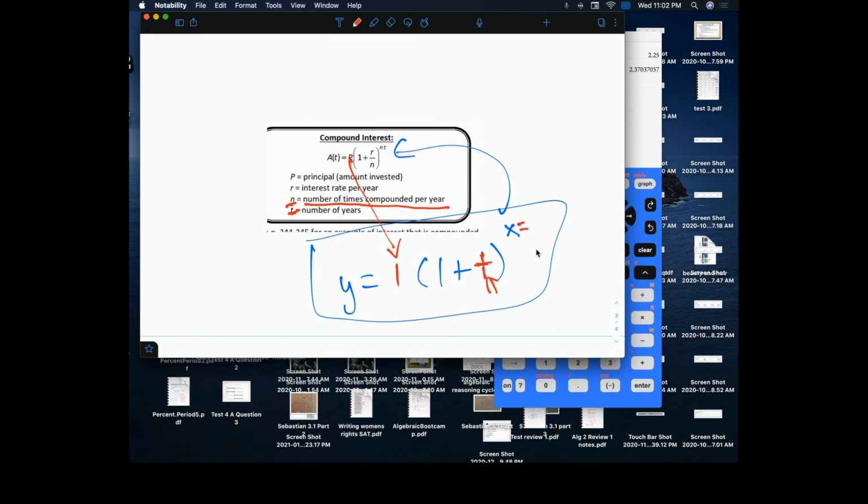So what that means is, if you multiply n times t, what does n times t give you? It gives you the amount of iterations that you did this. That's what x is. It's the iterations of doing this. So how many times am I multiplying whatever's in the parentheses, over and over and over again, right?